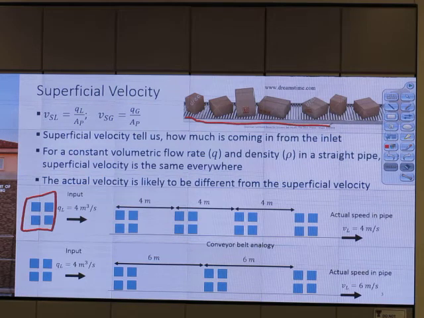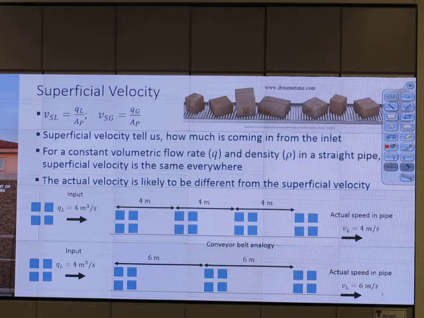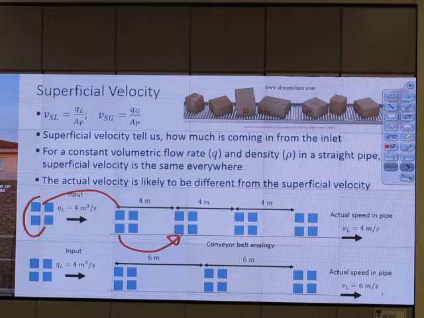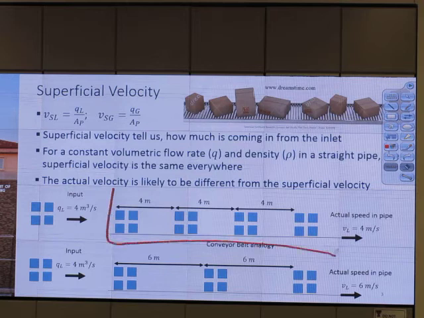If the belt moves at the speed of 4 meters per second, so I put this box in, wait 1 second, this box will move over there. And then I put another box in, right? So eventually, they will stay 4 meters apart if the belt moves at 4 meters per second.